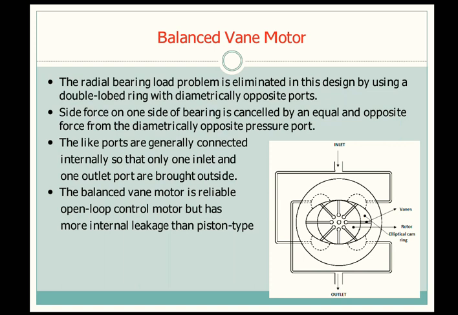Here in this type of motor, the rotor is present exactly at the center, and on both left side and right side there is some empty space. So when the oil is flowing, it occupies the right top empty space and left bottom empty space. So it makes the rotor rotate in clockwise direction.